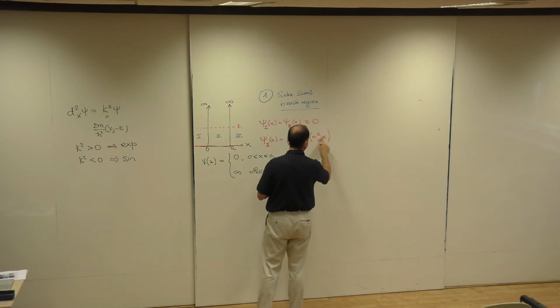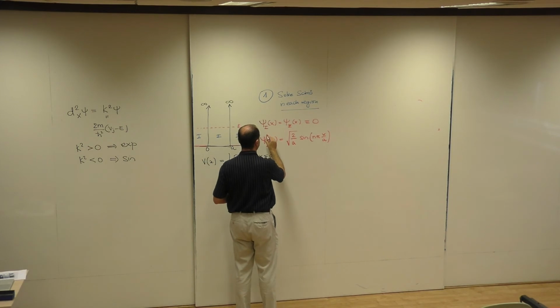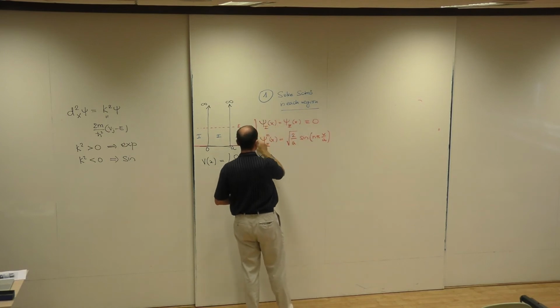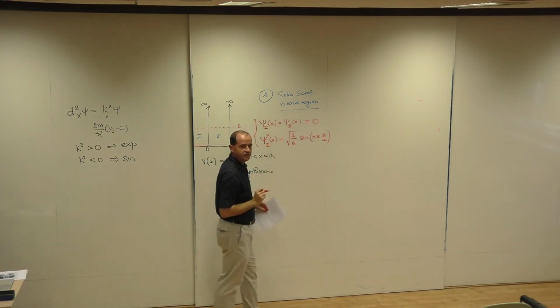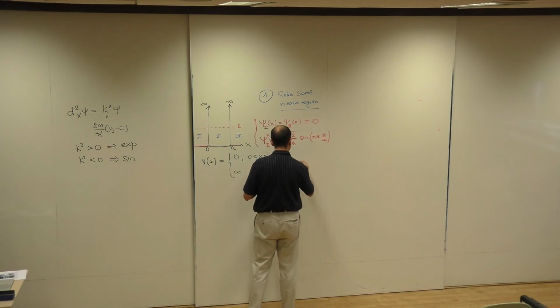Oh, well, it's maybe more elegant if I write it like this. And this is the solution to the nth level. This is valid for all n. And this is the eigenvector. This psi of x is the eigenvector corresponding to the eigenvalue that I just wrote down before.